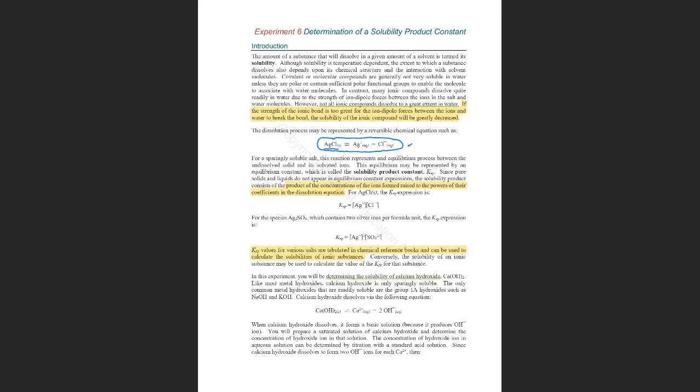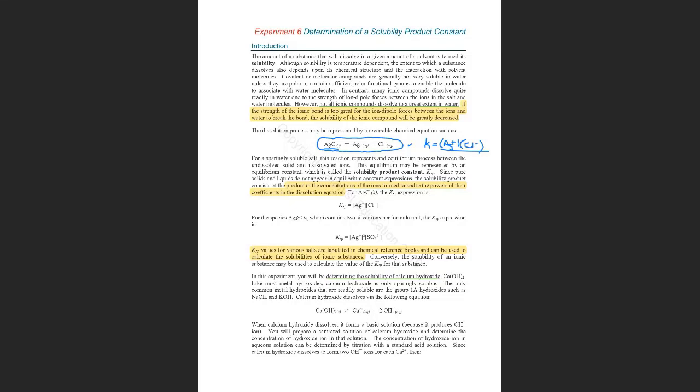Why is that? Remember that we studied the equilibrium constant. We always say that it is the product of the products divided by the product of the reactants. But in this case, remember that pure solids are not included.